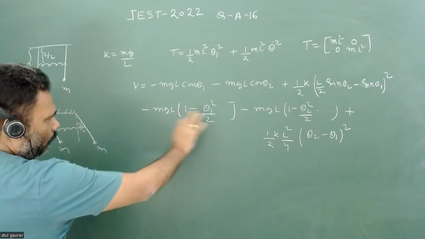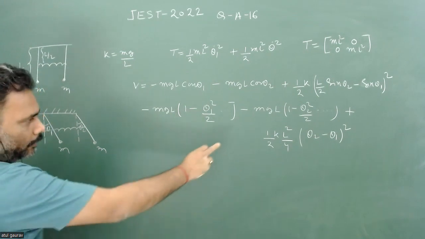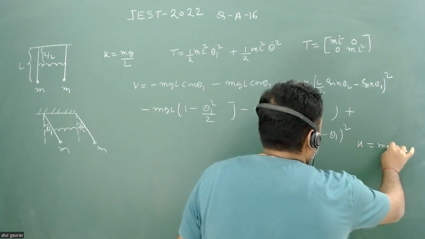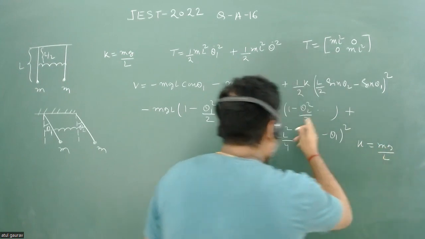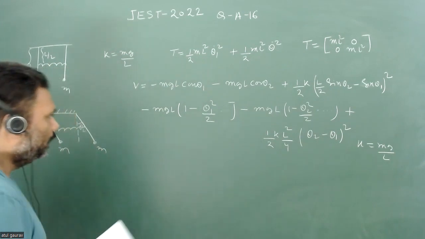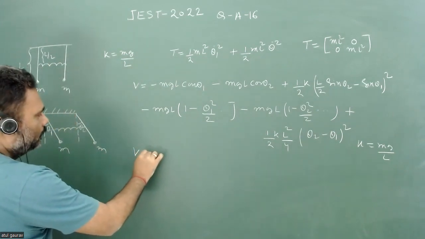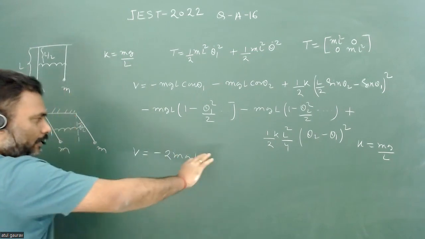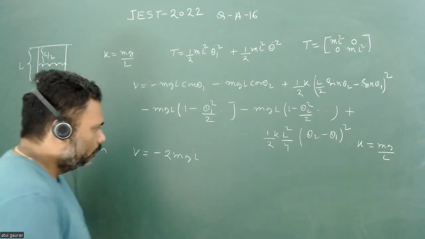Here we will put the value of k. If we collect all these terms and put k equal to mg by L, then one L will cancel out. Finally, we have the potential energy, and it has minus 2 mg L, which is just a constant, so we do nothing with this.